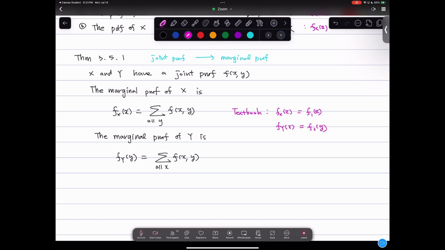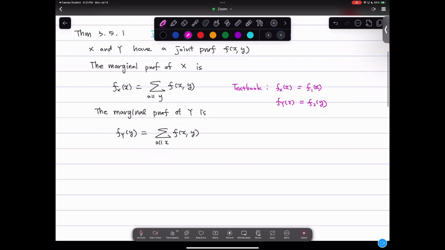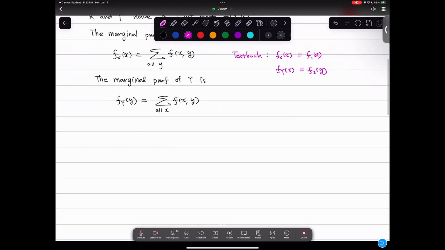So the book is using 1 for x, 2 for y. I prefer x and y to be more clear. So that's a lot more common. So anyway, what time is it? 23. So let me give you one example, the introduction, and I'll stop there and give you a little break.